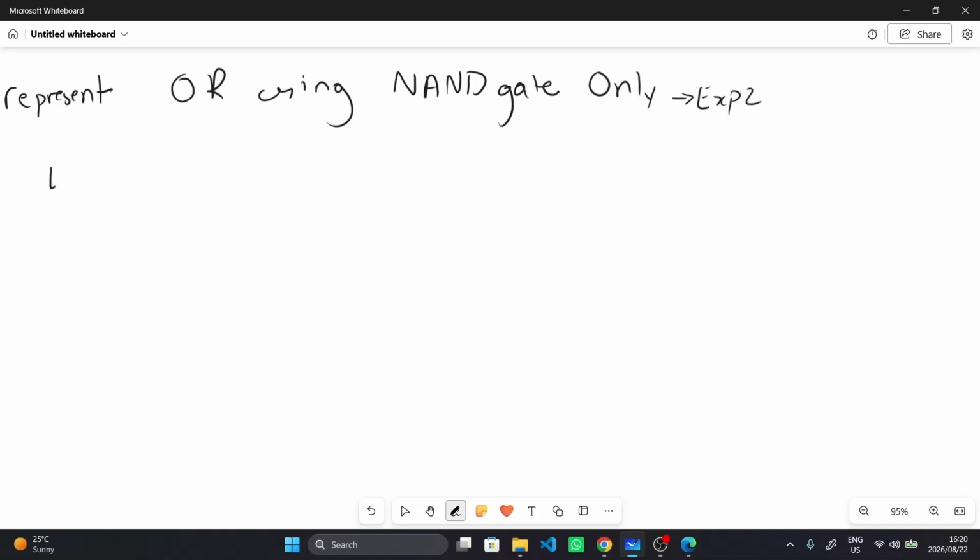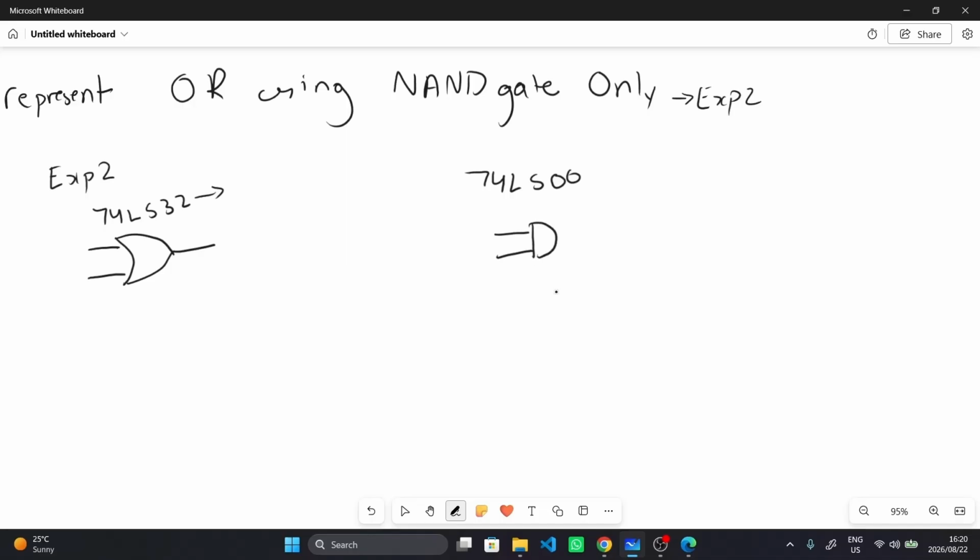If you remember in experiment 2, you needed to use an OR gate IC, I think it was 74LS32, which you didn't have. But you had an IC which is 74LS00, and this is a NAND gate IC.